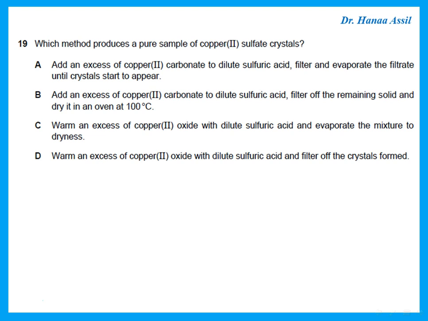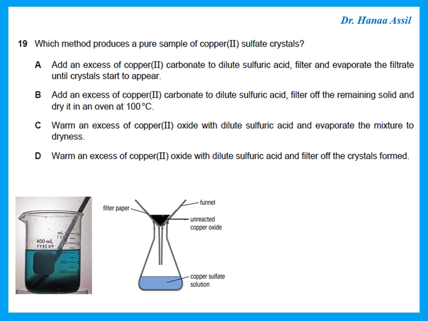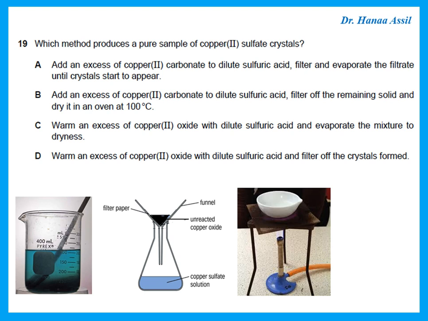If I add the copper carbonate or the copper oxide, the next thing I should do is filter. Once I put the excess copper carbonate or excess copper oxide, I should filter to remove the excess solid. And then I should take the filtrate and do crystallization, or evaporate the filtrate, in order to obtain the copper sulfate crystals.